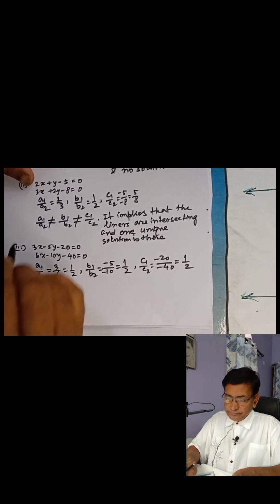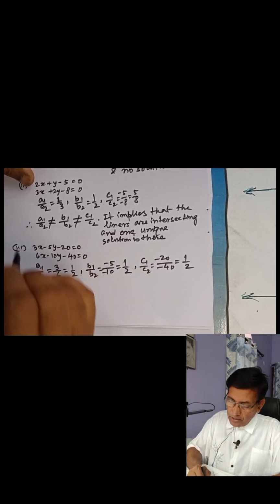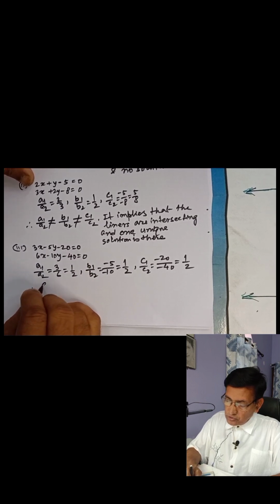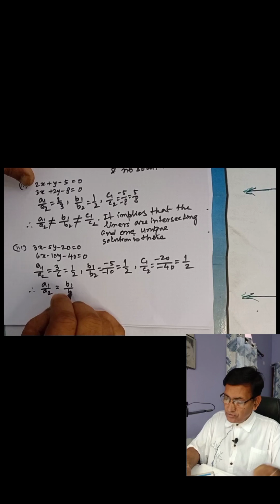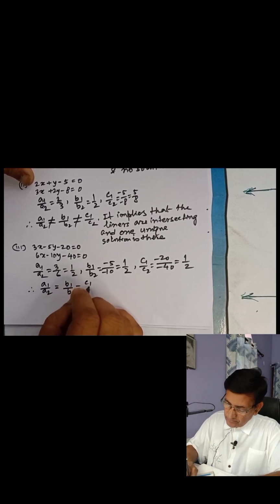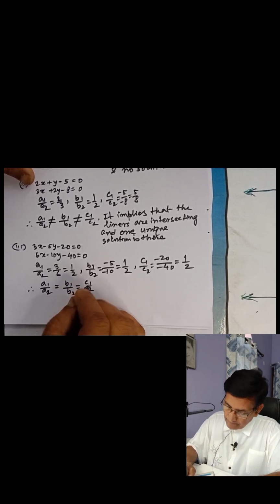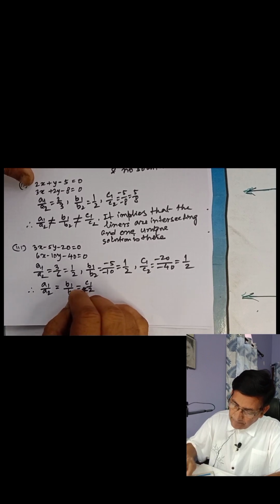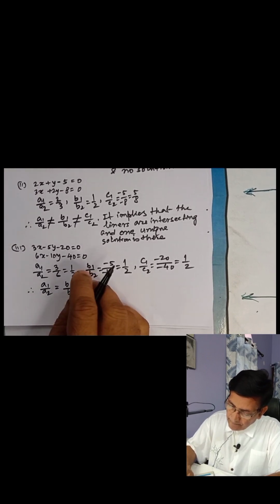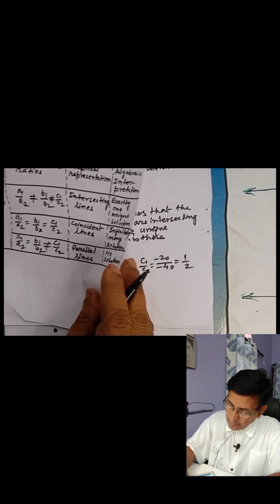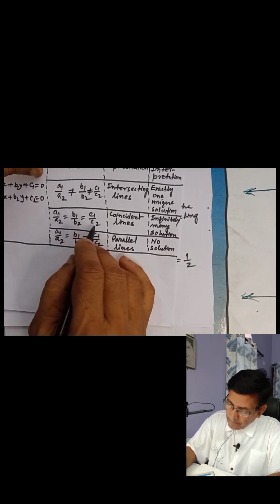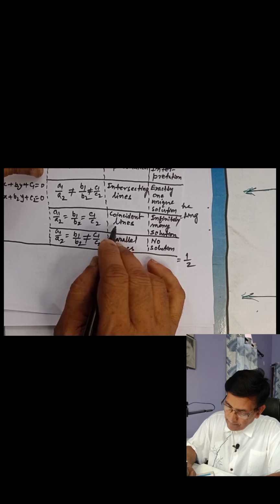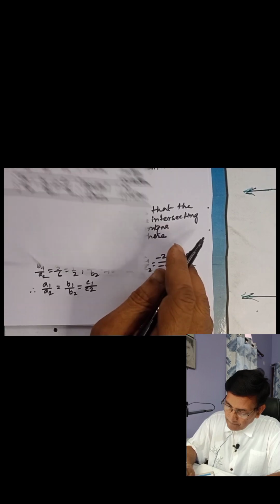So A1 by A2 is equal to B1 by B2 is equal to C1 by C2. When A1 by A2 is equal to B1 by B2 is equal to C1 by C2, the lines are coincident and infinitely many solutions are there.